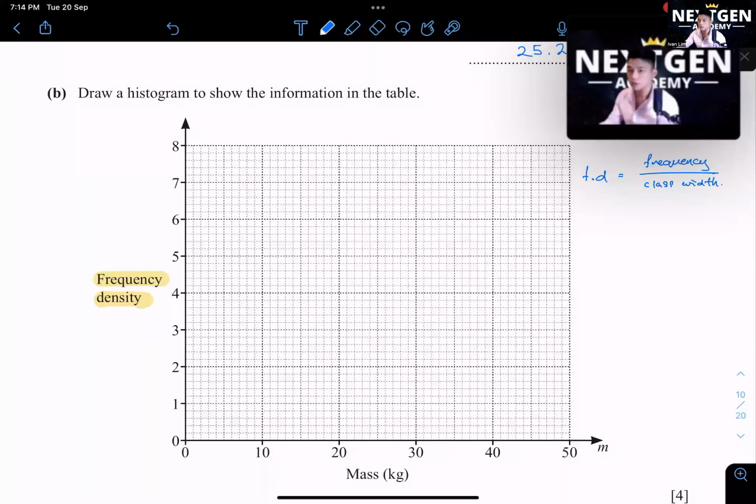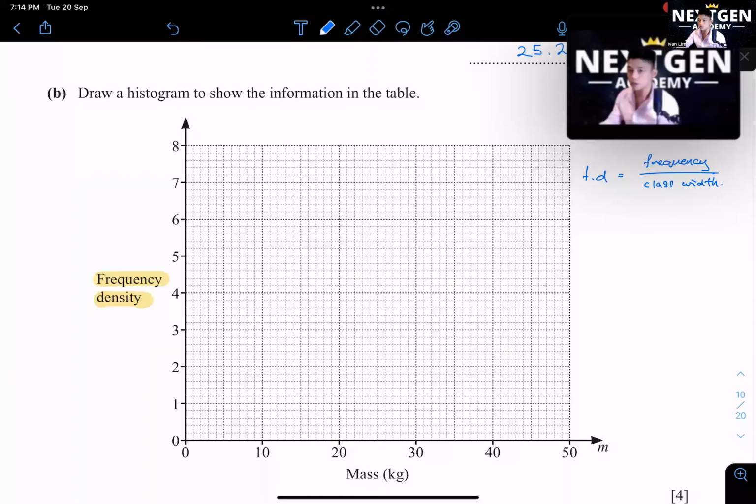Okay, next one. Find the volume of the cylinder. Volume will be pi r square height, which is pi times 4.46 square times your height. They already give you 20.